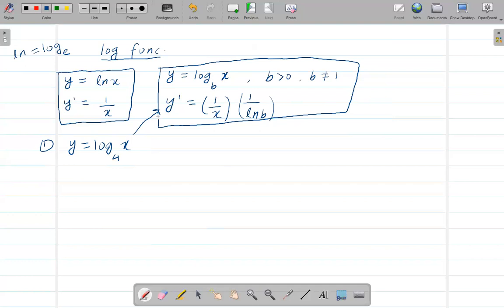So then on this thing, we can say y prime is, well, first thing would be 1 over x, because we have x here. And another term will be 1 over natural log of the base, which is 4, so 1 over natural log of 4. All right, so this is the derivative of this function.